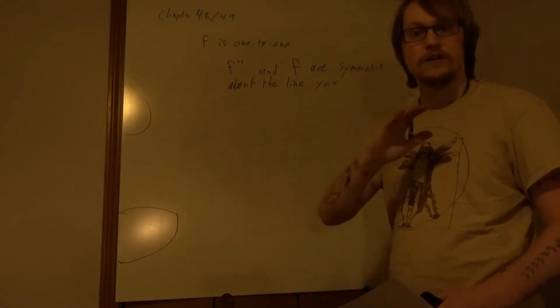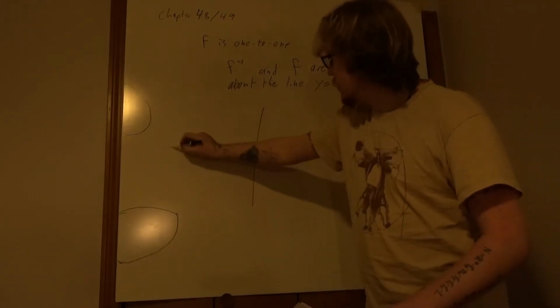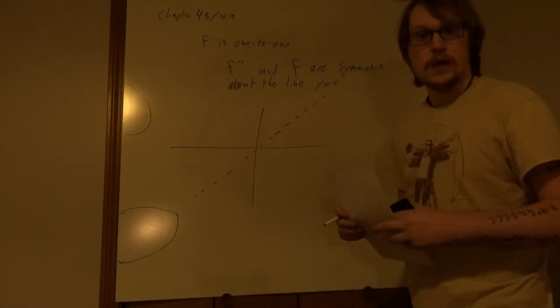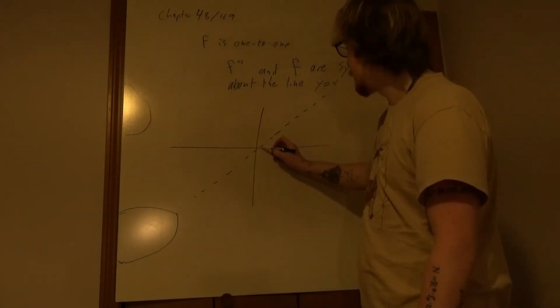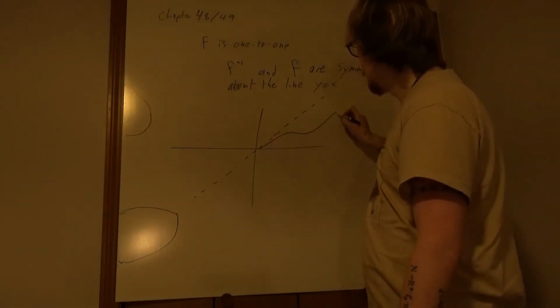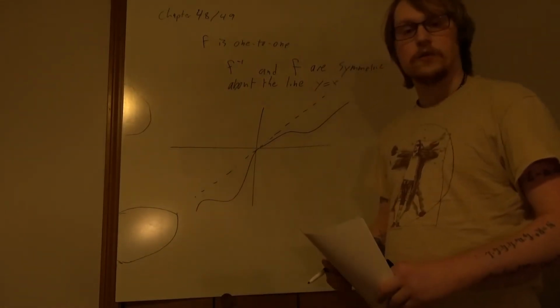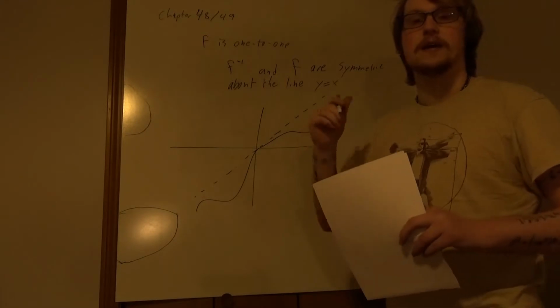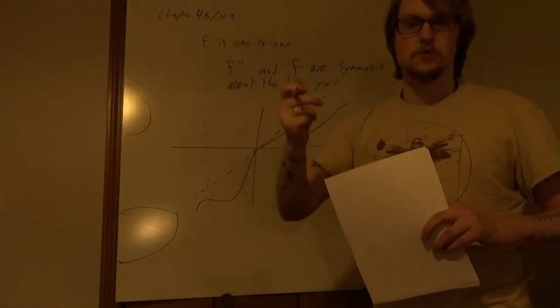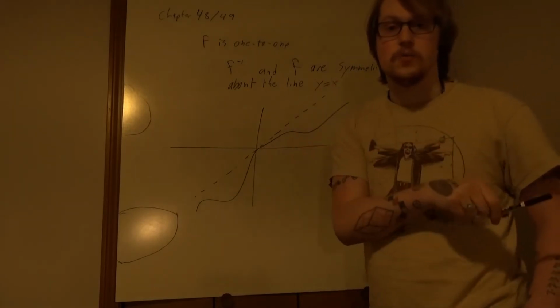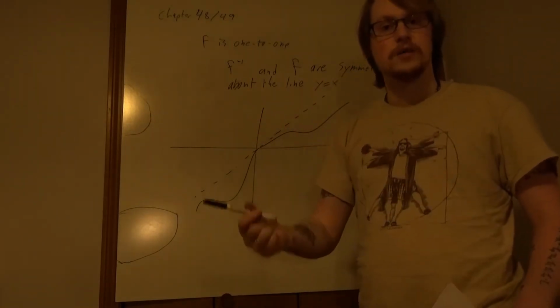So this is that 45-degree line. If we had some function like that, then we would expect its inverse to essentially take the x term and switch it for a y term, right? Just as we said, f of x equals y, then f inverse of y equals x.